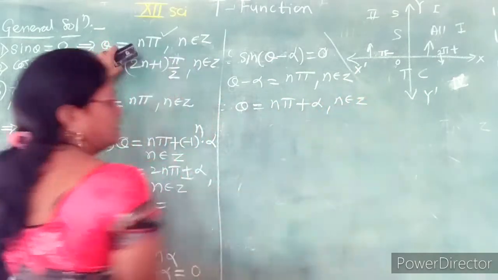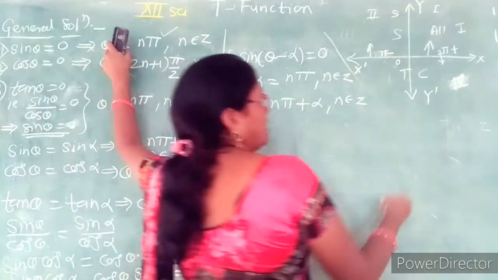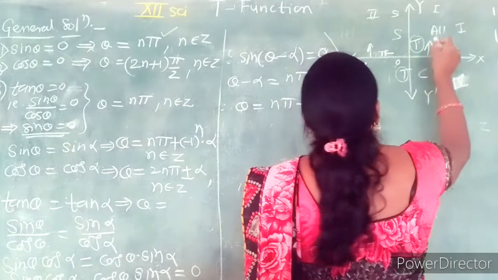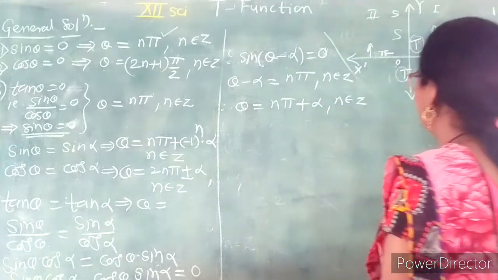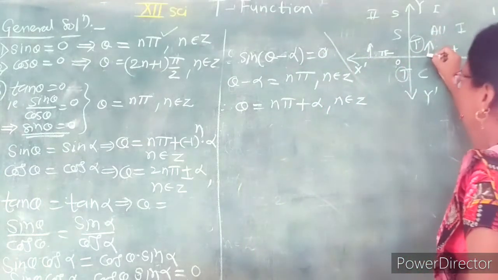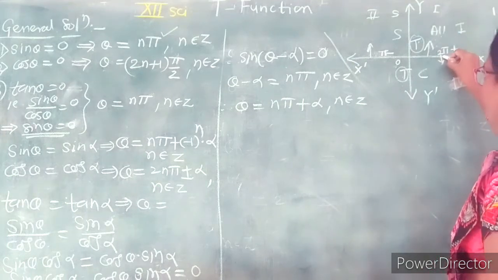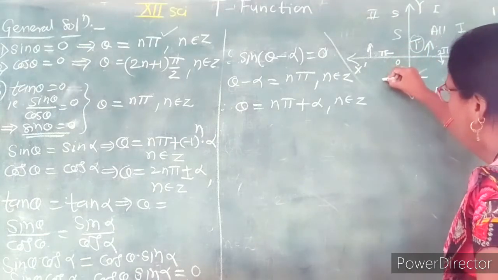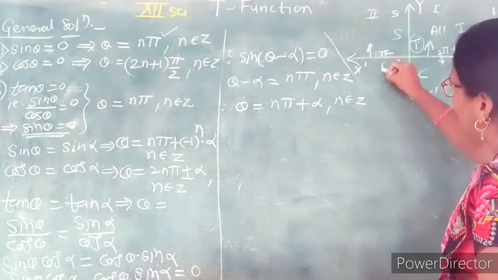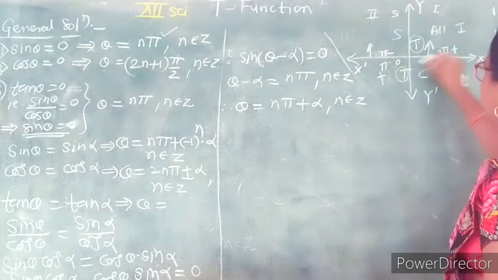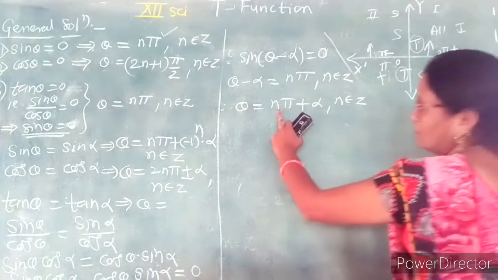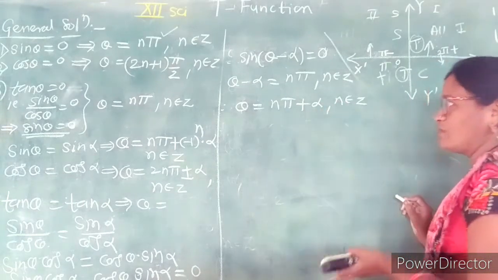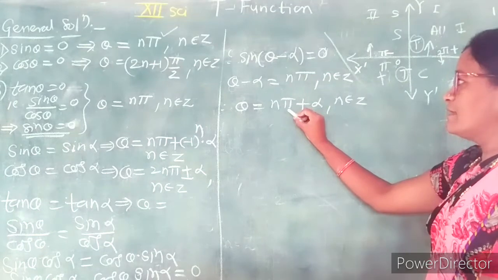n belongs to Z. Check the trigonometric ratio tangent. Tangent ratios are positive in the first and third quadrants, and are the same in the first and third quadrants. The angle in the first quadrant can be an even multiple of pi, which is added. Similarly the angle in the third quadrant is an odd multiple of pi plus the angle, so we take even or odd multiples of pi added in the first and third quadrants.